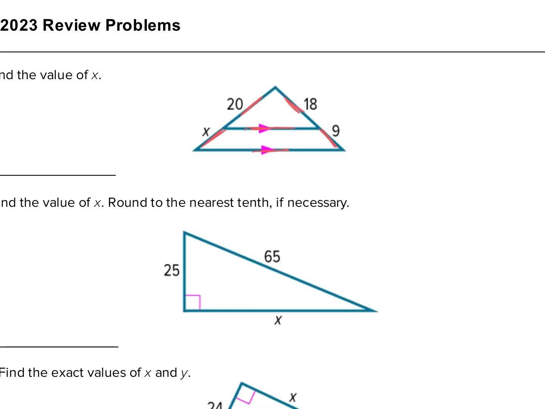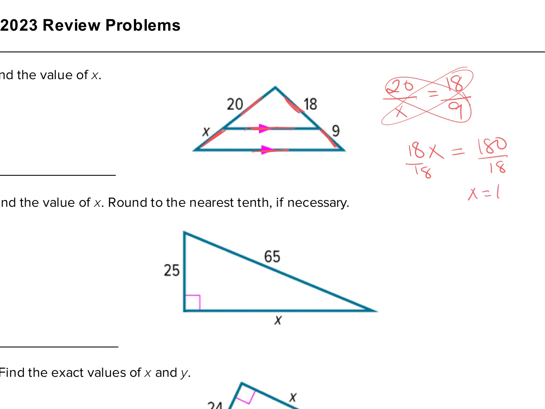Okay, so I can simply set this up as 20 over x equals 18 over 9. And of course you can cross multiply and solve for x. So we get 18x is equal to 20 times 9, which is 180. And when you divide by 18, you get 10.